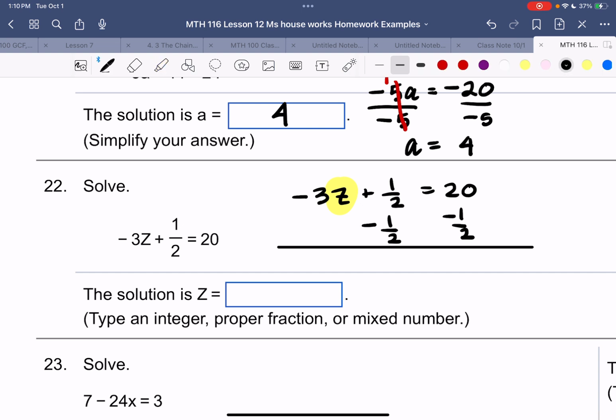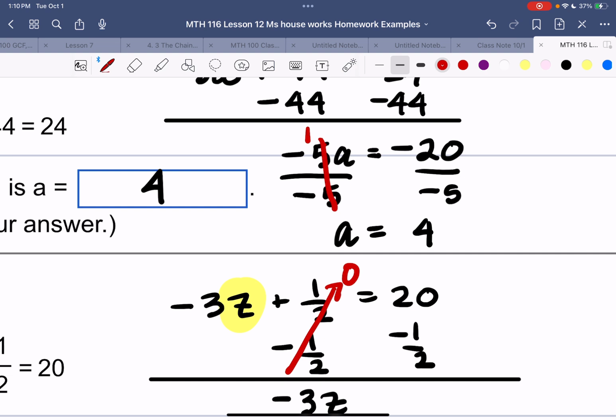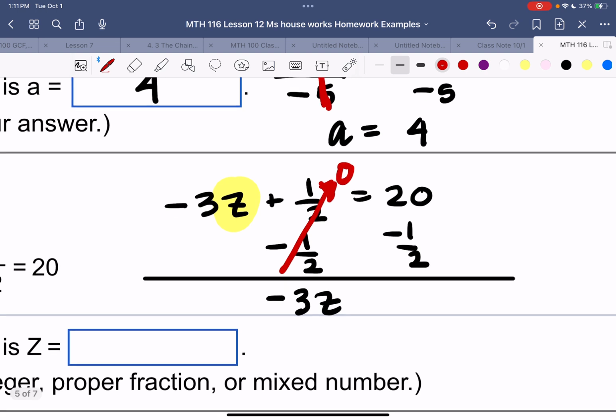So I've got a negative 3z, because this is a 0. Now look at the difference. When you divide a number by itself, you get a 1. Because you're doing the opposite operation, you got to divide by the same number. But when you're adding, you add opposites and you get a 0.